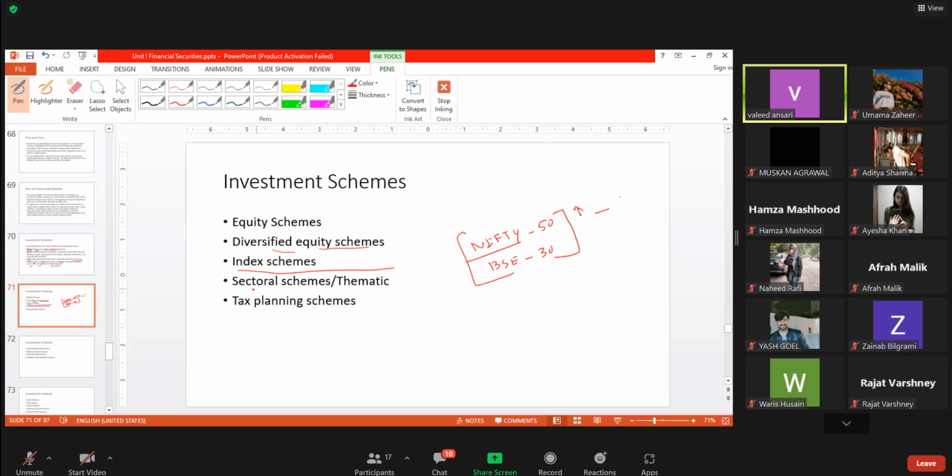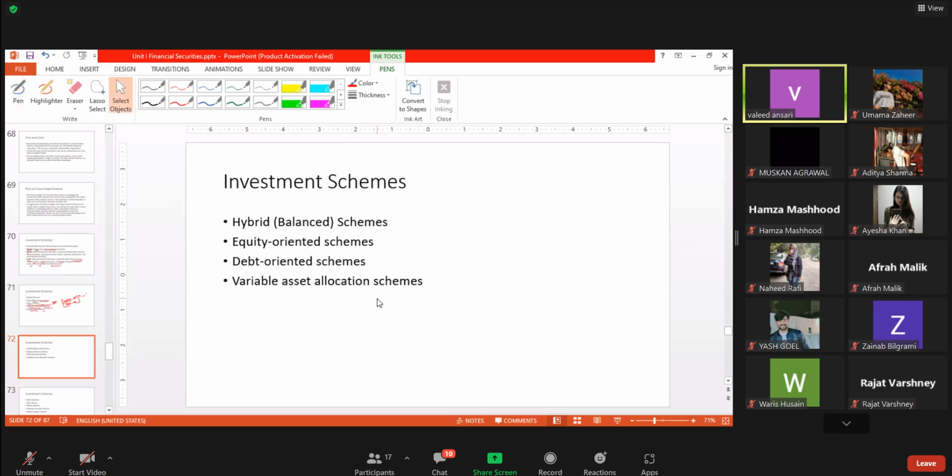Then there are sectoral schemes, infrastructure, energy, and some thematic ones also, like value scheme, growth scheme, and other schemes. Nowadays we find some other schemes like ESG, environmental, and so on. So there are various types of thematic mutual fund schemes, and some are tax planning schemes, where the government provides tax concession if you make investment there.